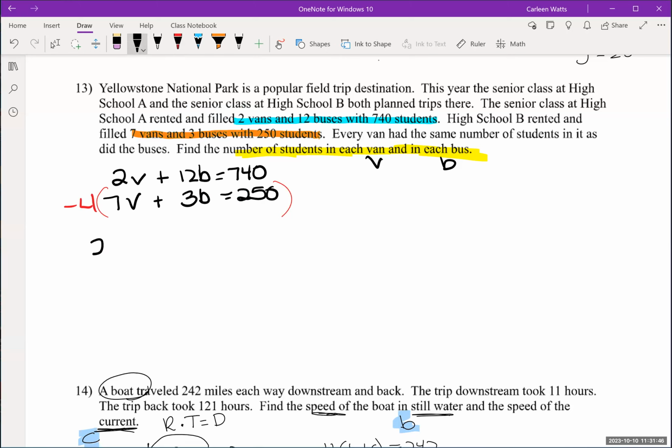So we bring down the top equation, and we bring down the bottom equation, multiplying by -4. -28V plus -12B is equal to -1000.